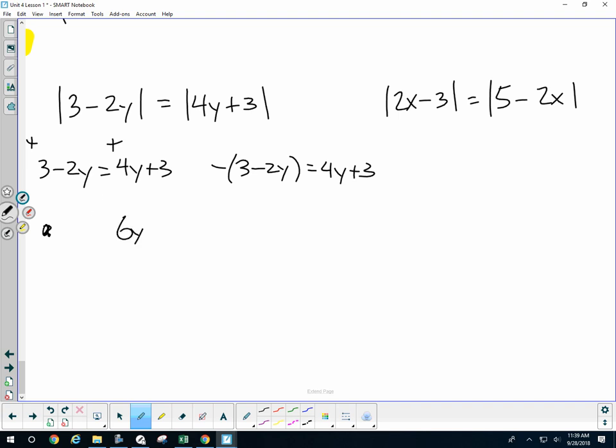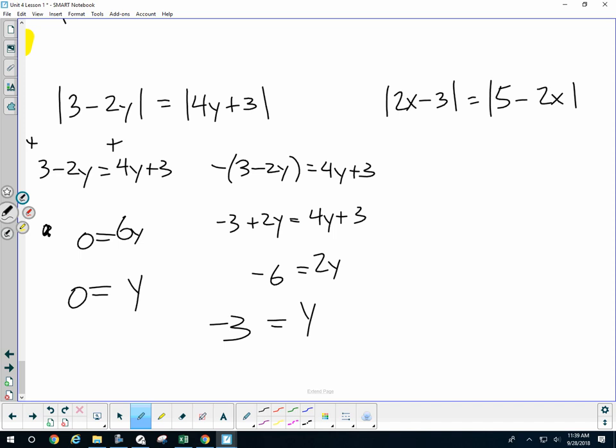I get 6y is equal to 0, which means y equals 0. I would rewrite this as -3 plus 2y equals 4y plus 3. Subtract 2y, subtract 3. I get 2y is equal to -6. Y is equal to -3. So 0 and -3.